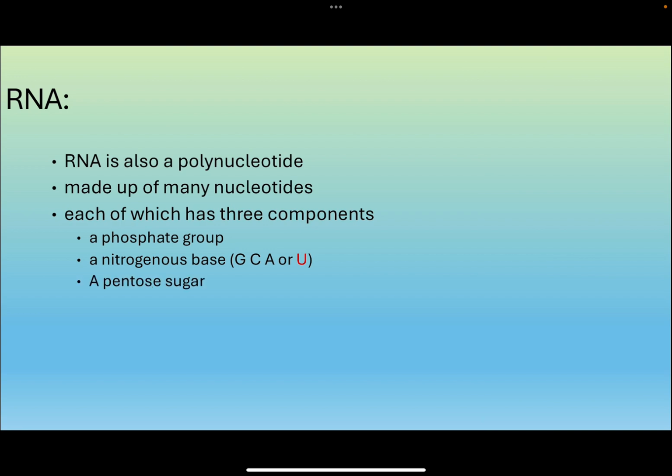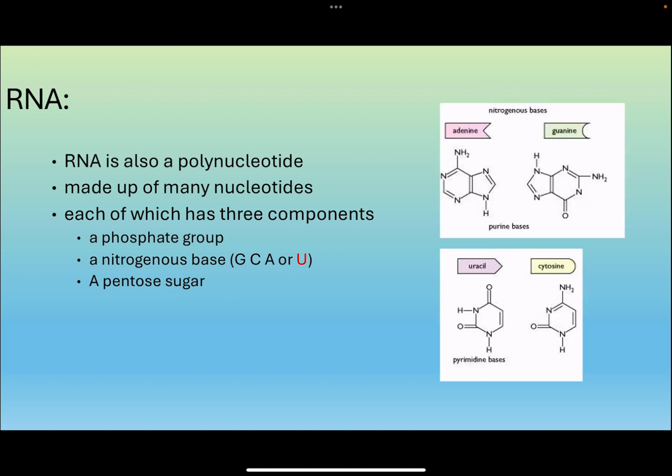So that all sounds very similar to DNA, but there are a couple of key differences. So the first one is in the nitrogenous bases. Your cytosine, guanine, and adenine are the same as in DNA, but instead of thymine, you now have this additional base called uracil. So that replaces thymine in the RNA.